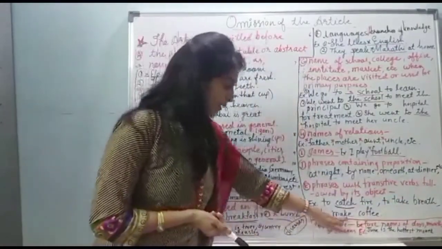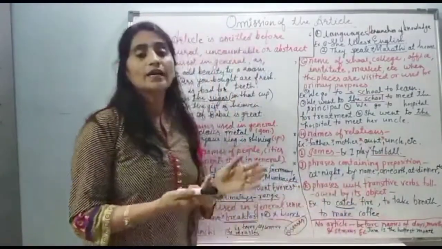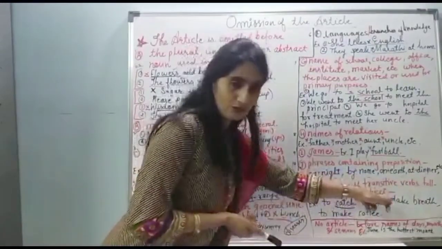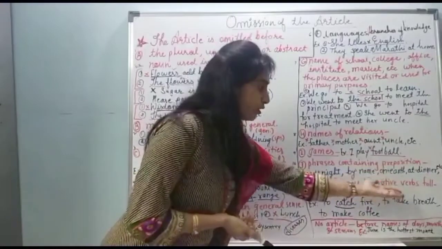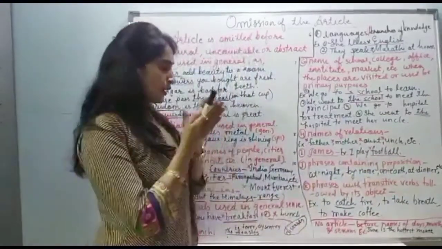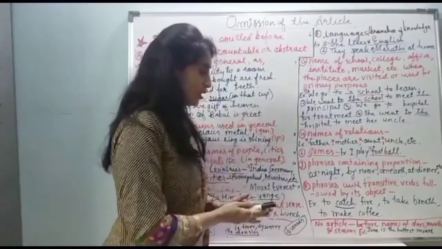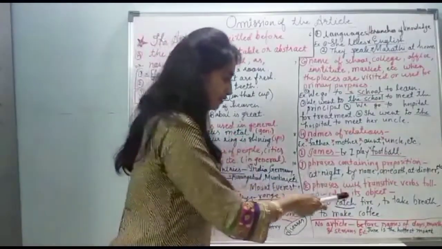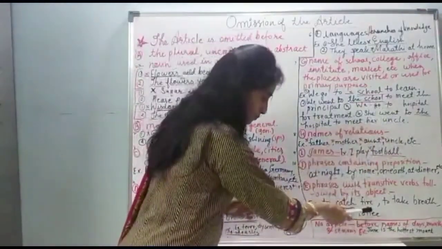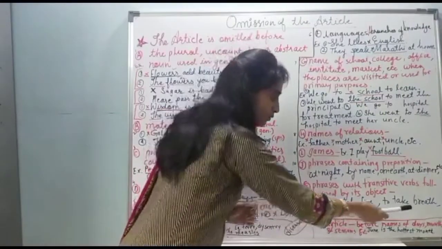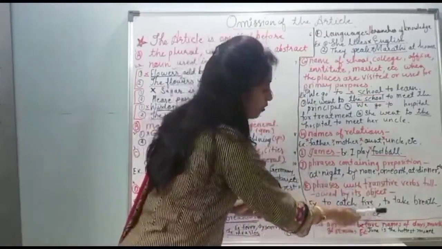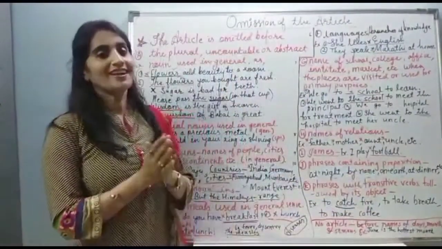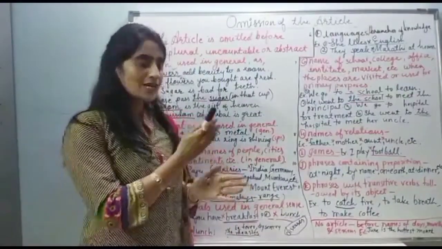To make coffee: make is a verb and coffee is an object. After the verb there is an object, and so in such cases, before these nouns, we should not make use of any article. So I hope that this is clear to you.